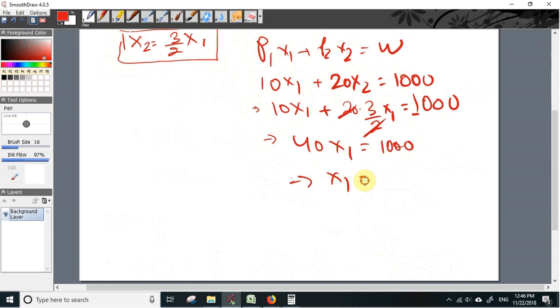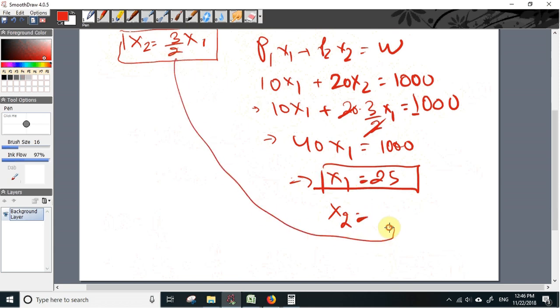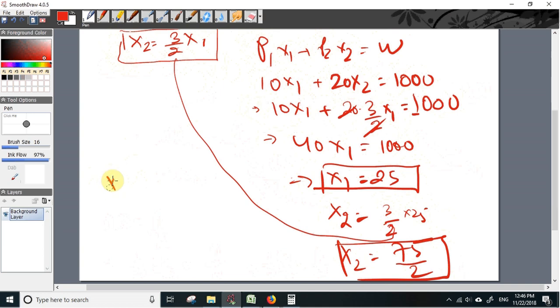This implies x1 is 25, and x2 is 3/2 x1, which is 3/2 times 25. So x2 is 75/2. So the consumer's optimal commodity purchase is x1 star is 25 and x2 star is 75/2.